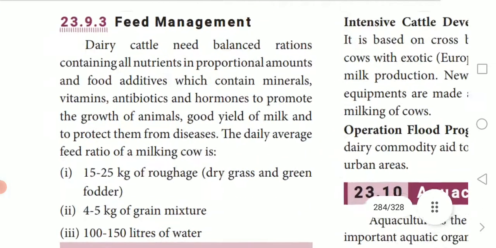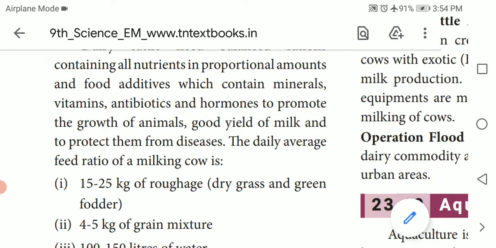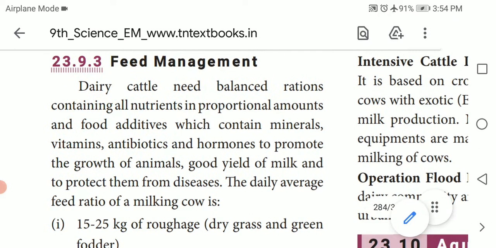Next topic is feed management. Dairy cattle need balanced rations containing all nutrients in proportional amounts, and food additives which contain minerals, vitamins, antibiotics, and hormones to promote the growth of animals, good yield of milk, and to protect them from diseases. So the food we give to the cattle should have balanced nutrients.